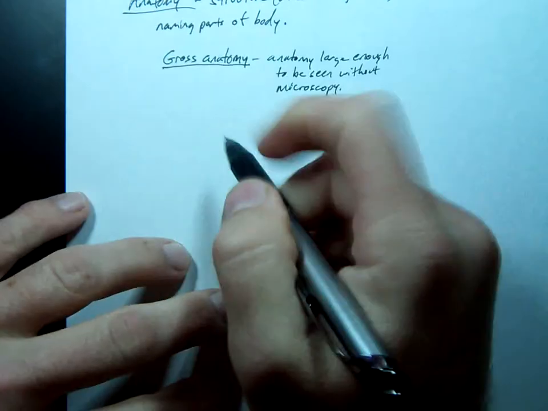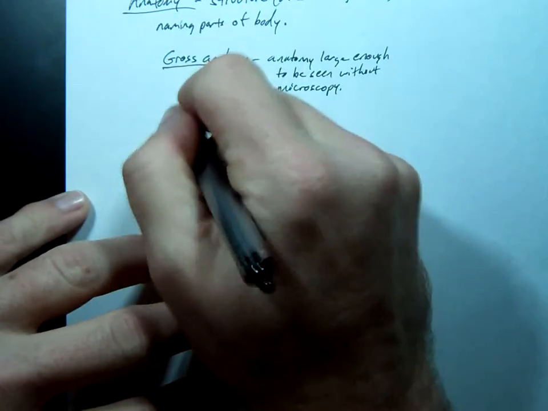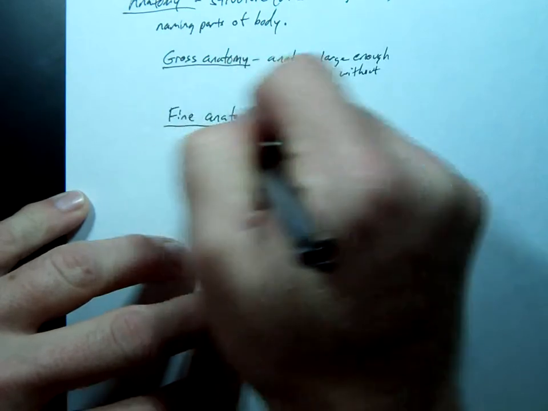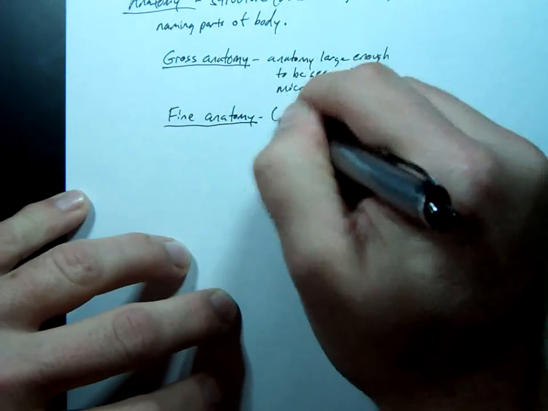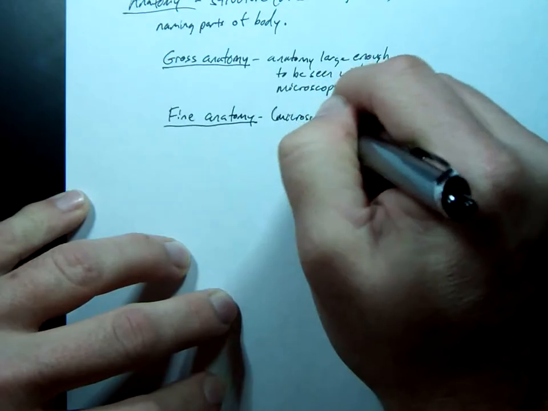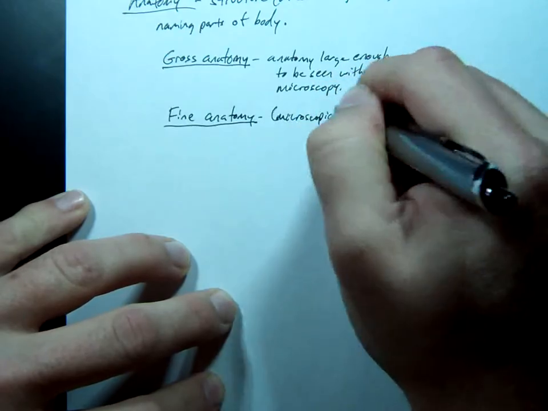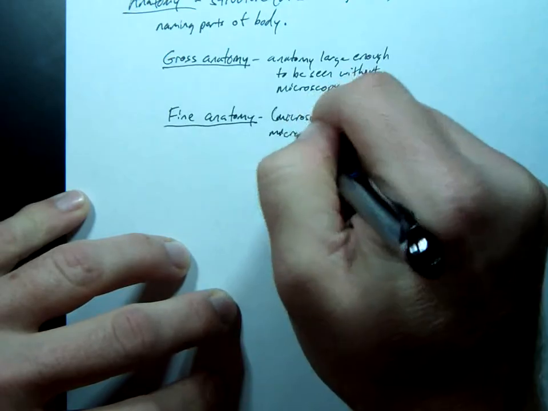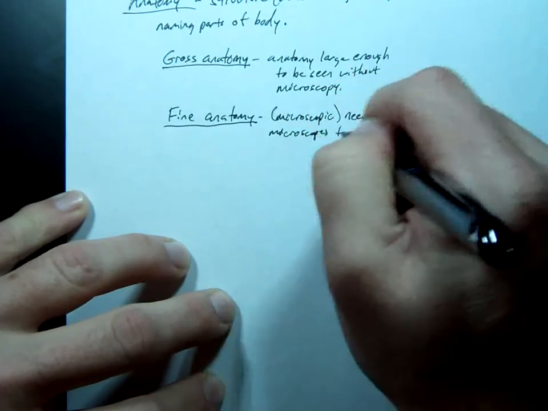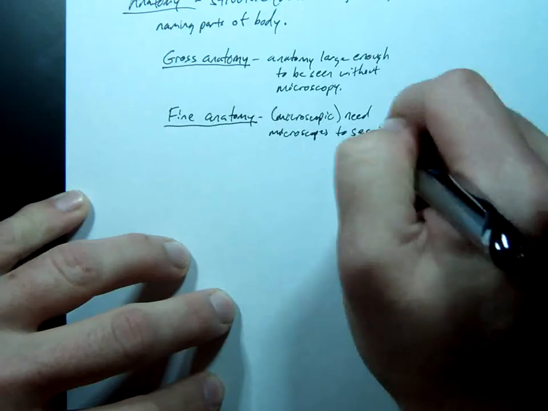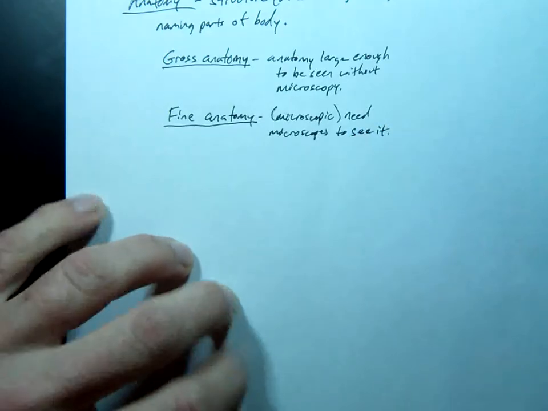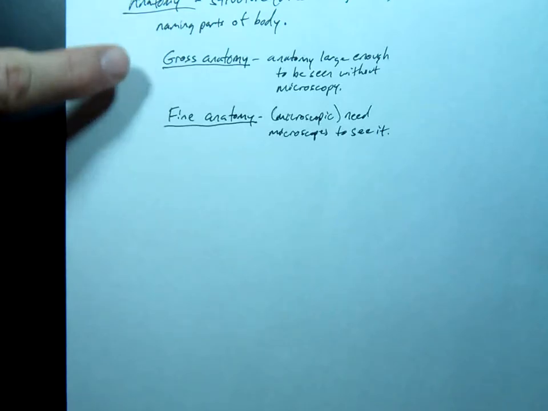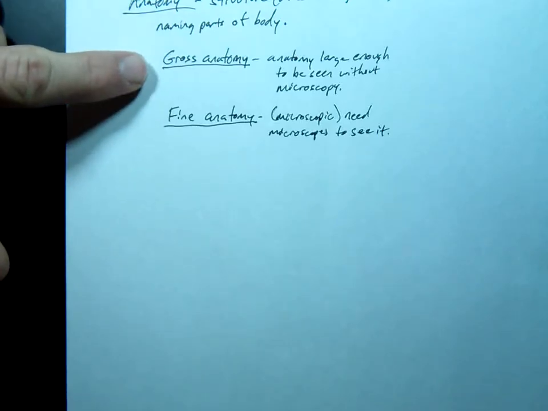Then there's something also called fine anatomy. And you probably figured out, also sometimes called microscopic. You need microscopes to see it. Still anatomy, though. There'll be some fine anatomy that we do, but it's a lot easier to study this than this because we can find all these parts.